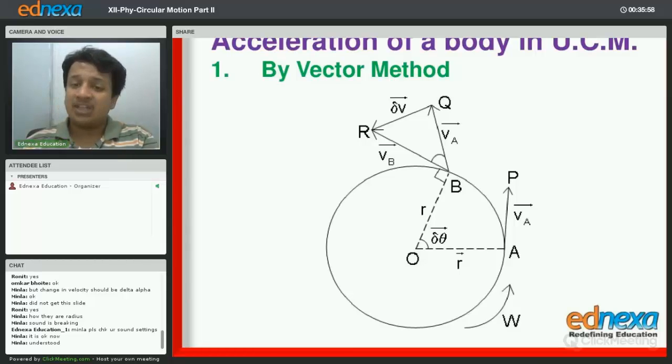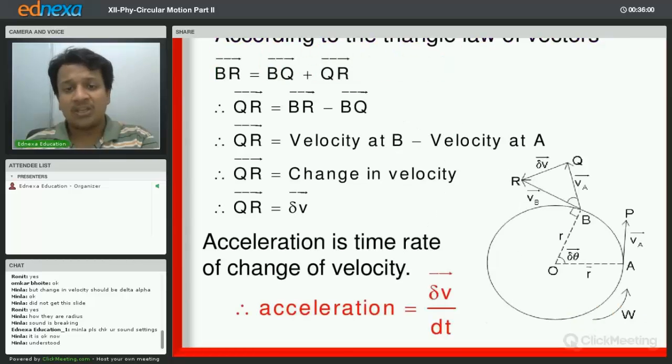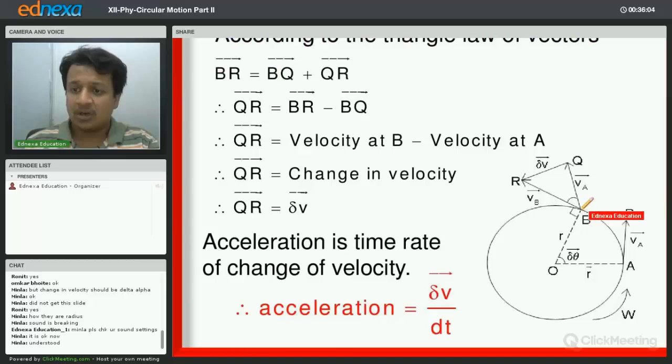Then QR is the change in velocity, and to prove that QR is the change in velocity, we use triangle law. According to triangle law, vector BQ plus vector QR is equal to vector BR.